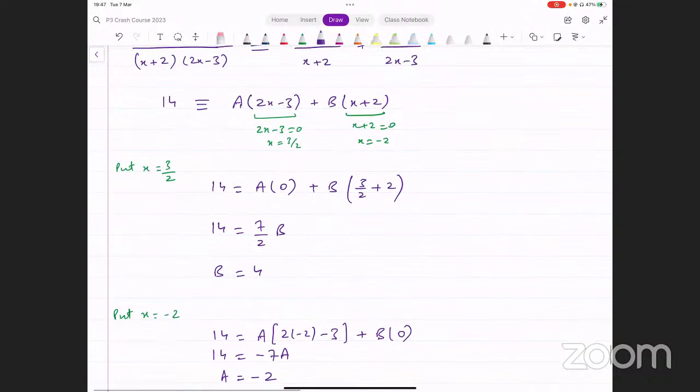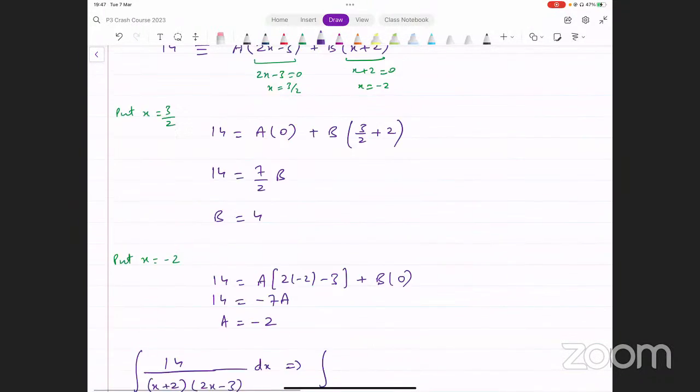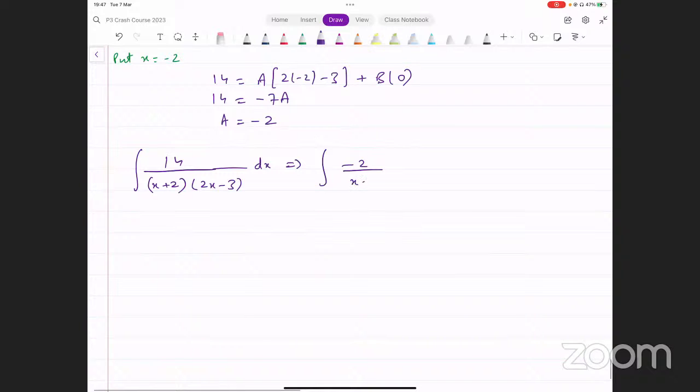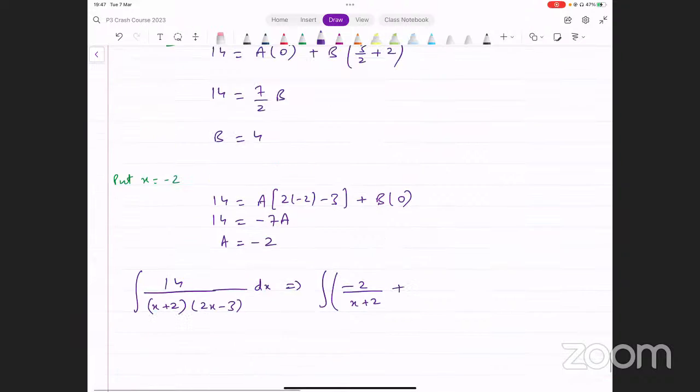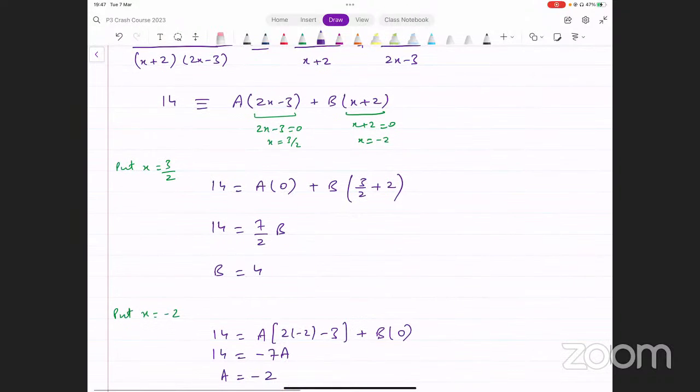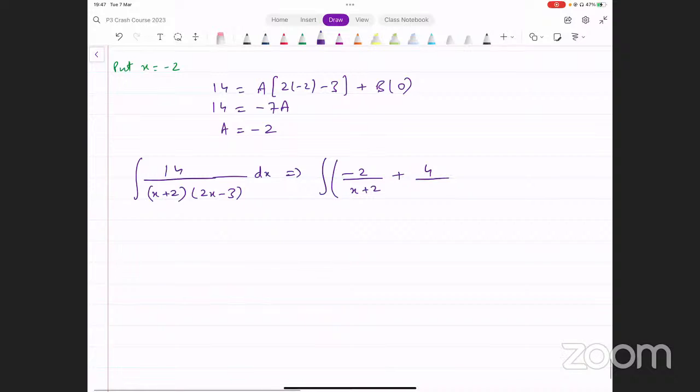The partial fraction for this: a is minus 2, so that's minus 2 over x plus 2, plus b over 2x minus 3, b is 4, so that's 4 over 2x minus 3. You had one fraction, you broke it down into two separate fractions, and now you can integrate these two fractions separately.